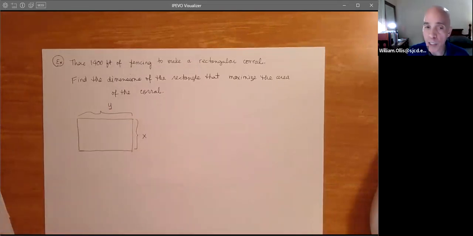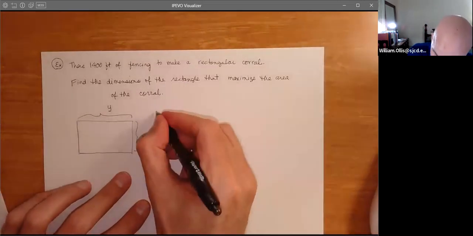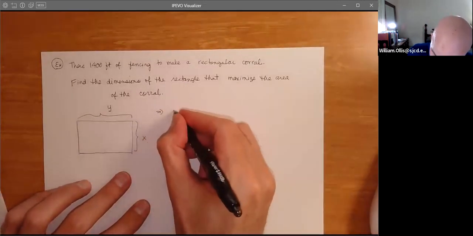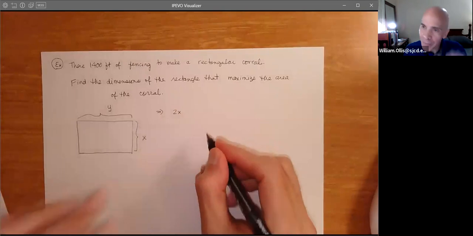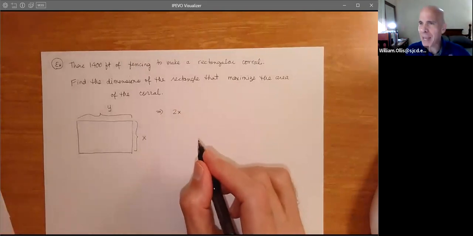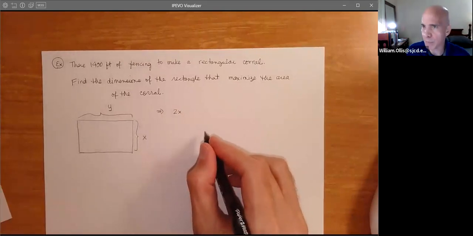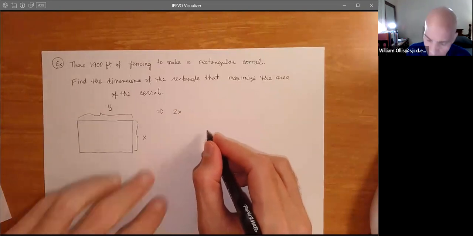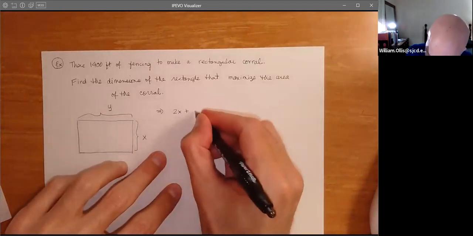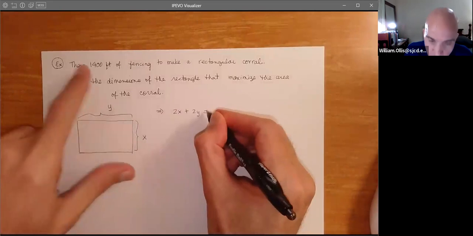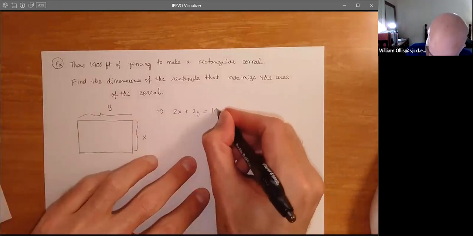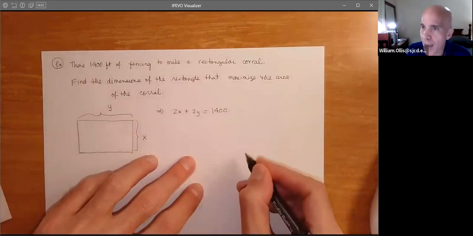And this is where we get to use perimeter. So this implies that 2x, this is like the problem with the painting and the border, similar, but not nearly as long-winded. 2x plus 2y equals 1400. So these numbers are nice to us.